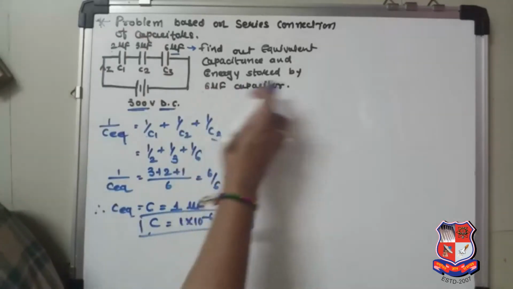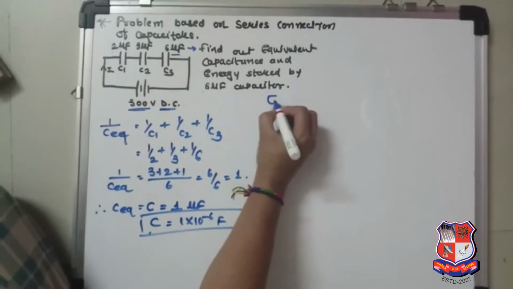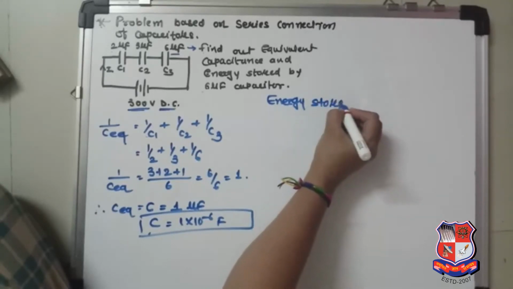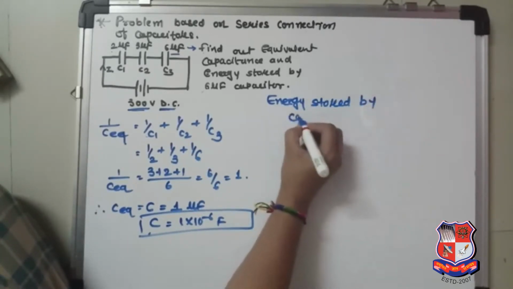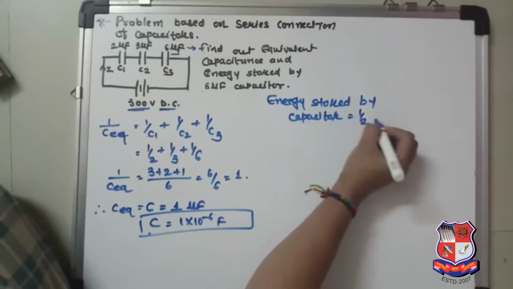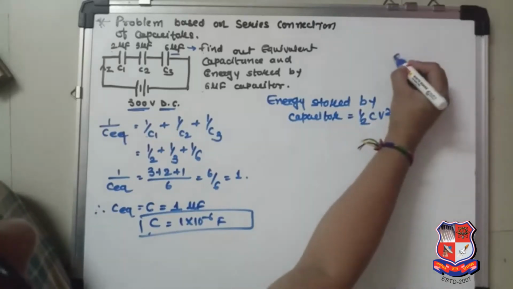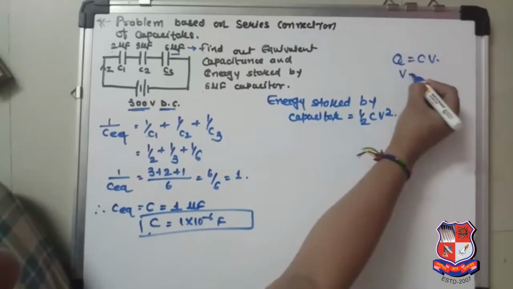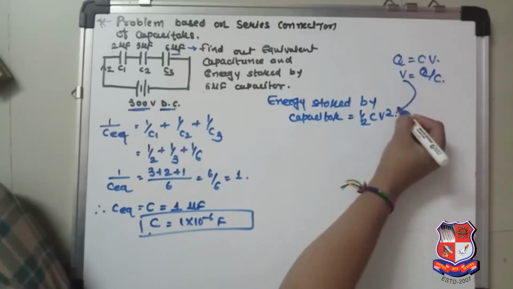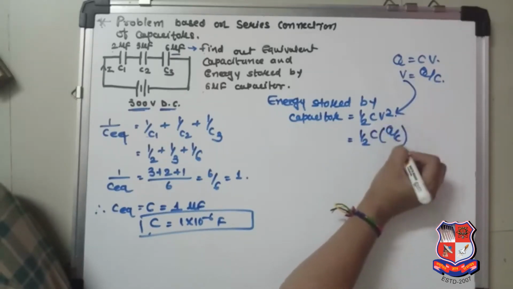Now the energy stored by the 6 microfarad capacitor. The equation of energy stored by a capacitor is equal to 1/2 CV square. Now for series connection, what is the V? Q is equal to CV, so V is equal to Q by C. Substitute V equals Q by C here, so you will get 1/2 C into (Q by C) square.